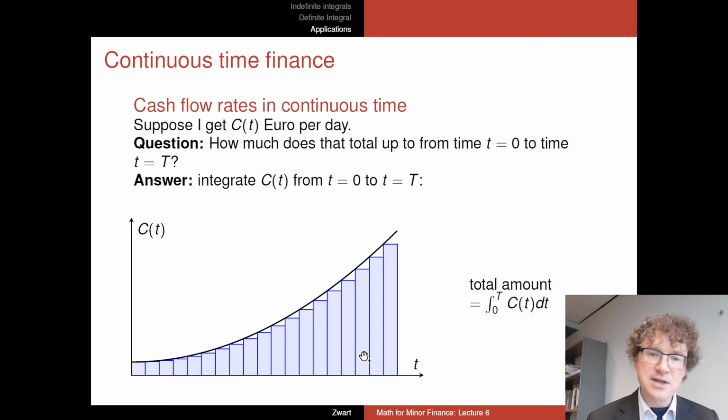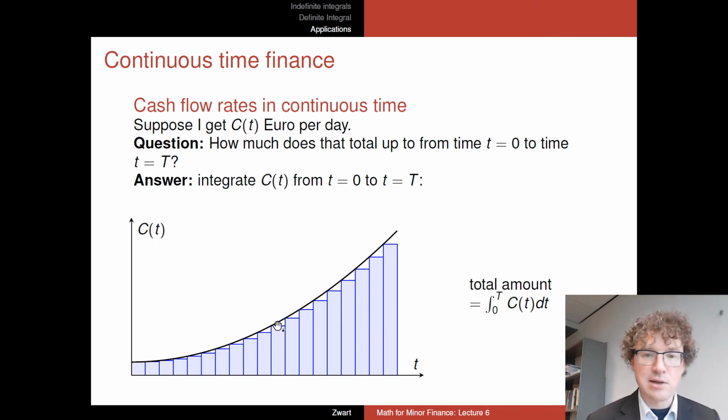Now you see that this area is almost the same as the area below this line, which smoothly connects the heights of these bars. So if I know an expression for the amount of euros C that I get each day t, I can compute the total area below this line, and that will be a good approximation to the sum of all these little blue bars.